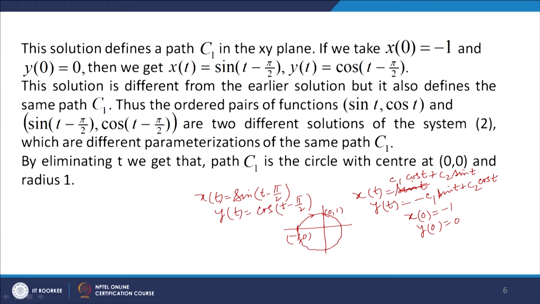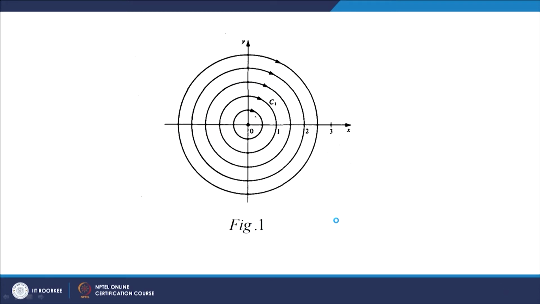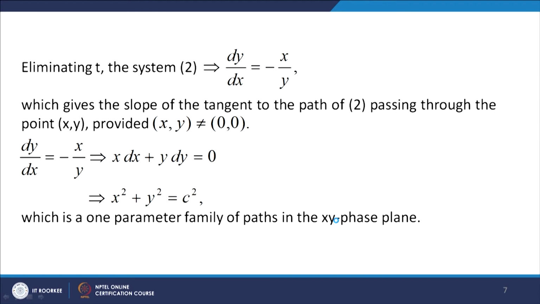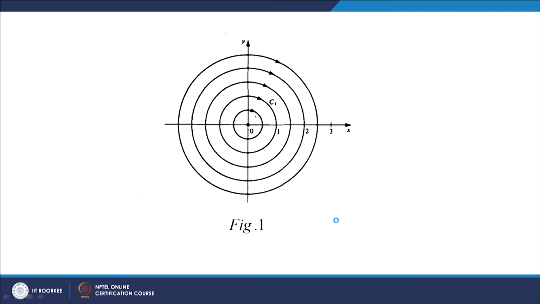So we are moving along the circle in the clockwise direction. So you can see here that x square plus y square equal to c square describes a one-parameter family of circles in the xy phase plane, and the direction along the circles is clockwise.